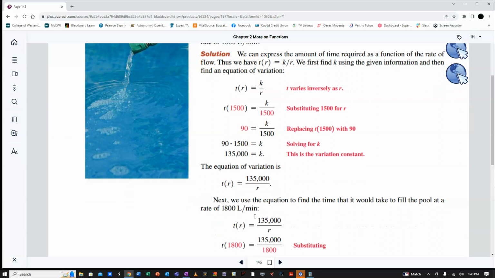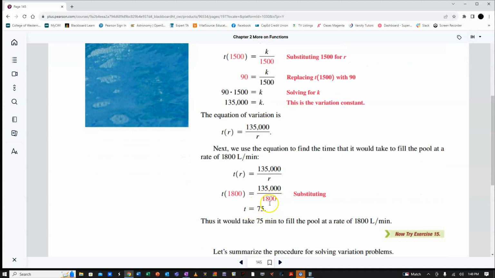Next, we can use that equation to find how long it would take to fill it at a rate of 1,800 liters per minute by substituting 1,800 in for r and evaluating that ratio, and we would find it would take 75 minutes. So the answer to the question is that at the rate of 1,800 liters per minute, it would take the tank truck 75 minutes to fill up the pool.